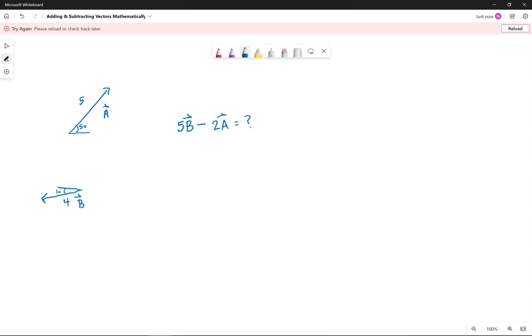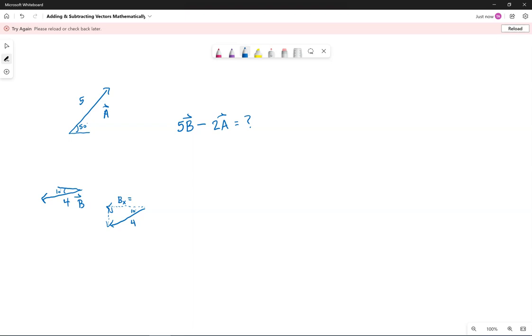So again, we need our vectors in terms of their components in order to easily add or subtract. I personally like to draw the triangles representing these individually to the side. I'm going to just put the 4 on there. I know vector B points to the left and then downwards. The angle in here is 10 degrees. So this x side, I can call B sub x.